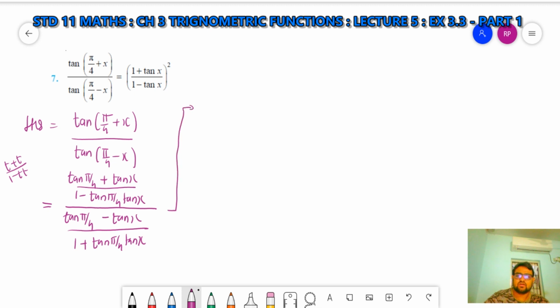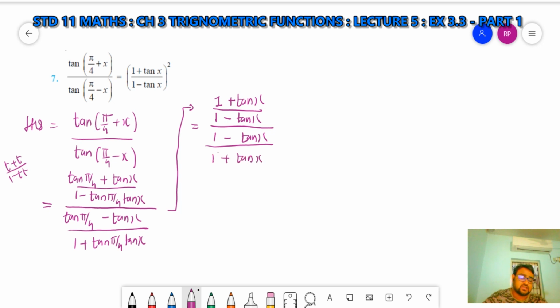When I put it here, tan pi/4, that is 1, so (1 + tan x) upon (1 - 1 into tan x), tan x upon, tan pi/4 is again 1, (1 - tan x) upon (1 + tan x).